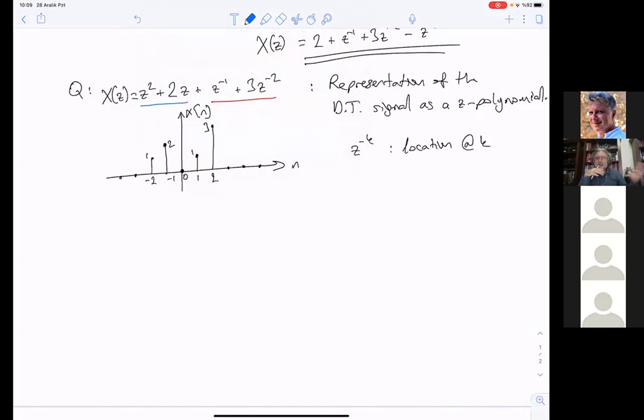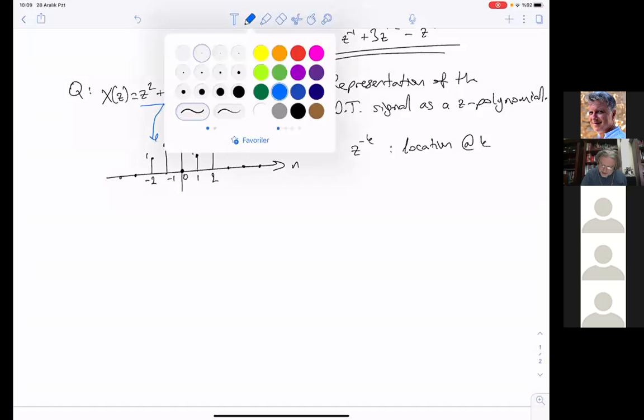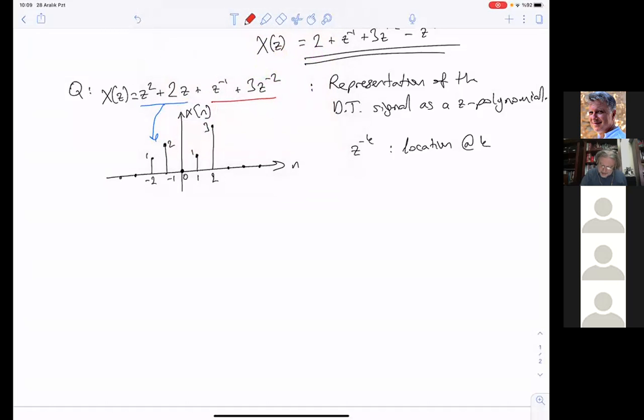So the left-hand sided n values are related with positive z powers, and right-hand sided n values, positive n values, in other words, are related by negative z powers in the z polynomial. These are these two, and these negative powers are here, at the positive and the negative side. So that's what it is.